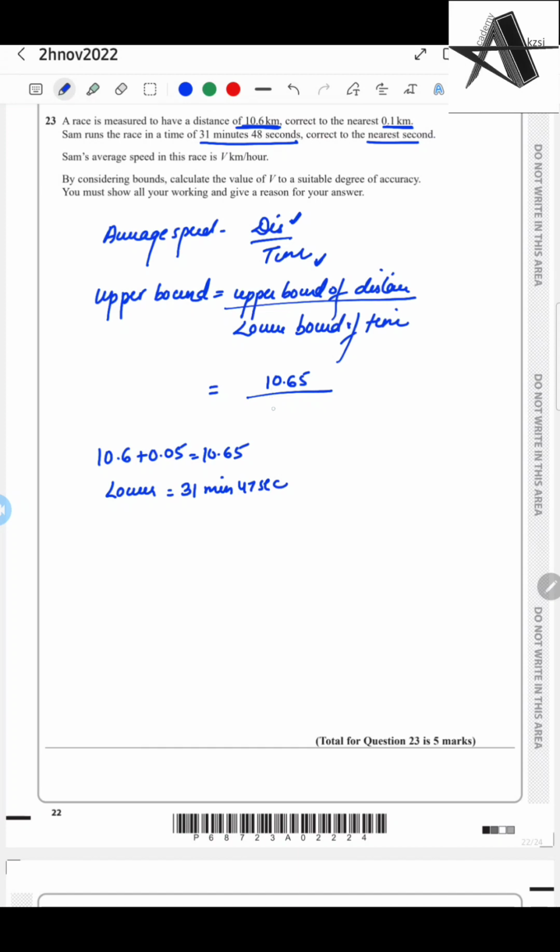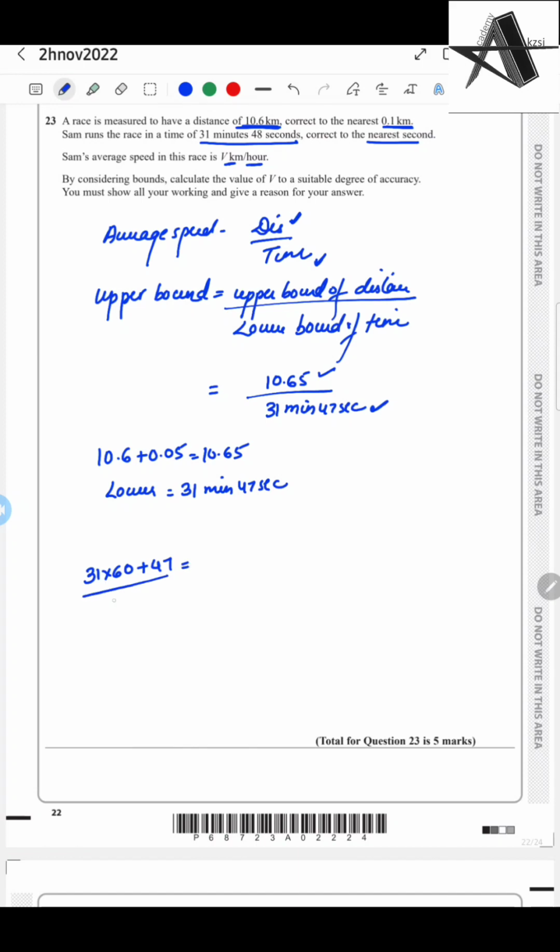So you will divide by 31 minutes 47 seconds, but convert it completely. It should be v kilometers per hour. This is in kilometers, but this is not in hours. So let me convert this into hours. First, we can convert into seconds: 31 times 60 plus 47. This will give you the answer in seconds.